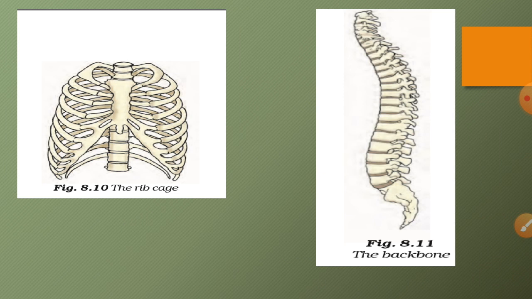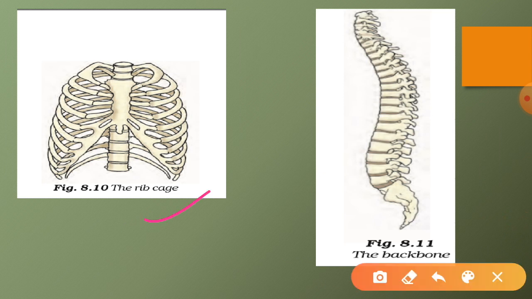Now the next thing on your screen is the rib cage, and here you can see the backbone. We will understand both of them one by one. Students, the rib cage joins the chest bone and backbone together to form a box. There are 12 ribs on each side of the chest.